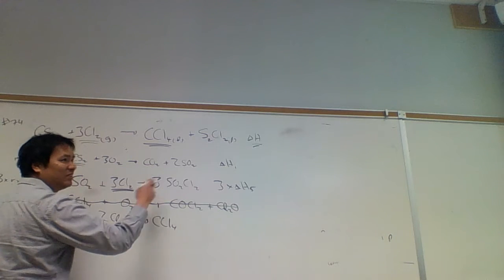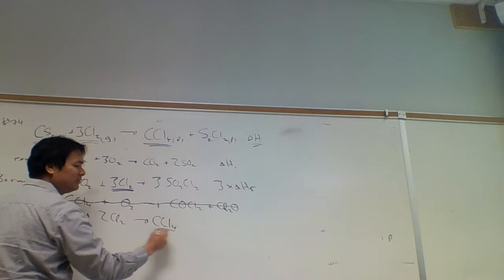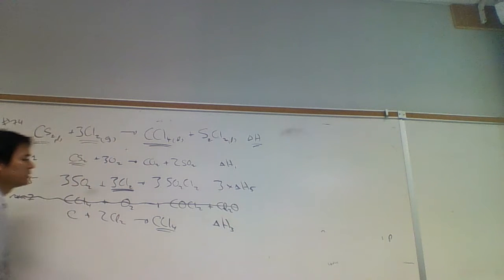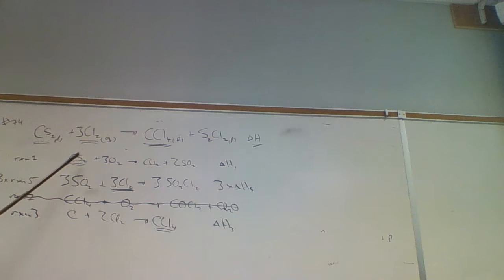You'll see that even though it looks all mixed up because we're getting lots of different stuff, it's good. And so the strategy is you ignore everything else, because eventually everything else should just work out. And so what we're going to get here is we got our CS2, 3 Cl2s, our CCl4. And so that's good.